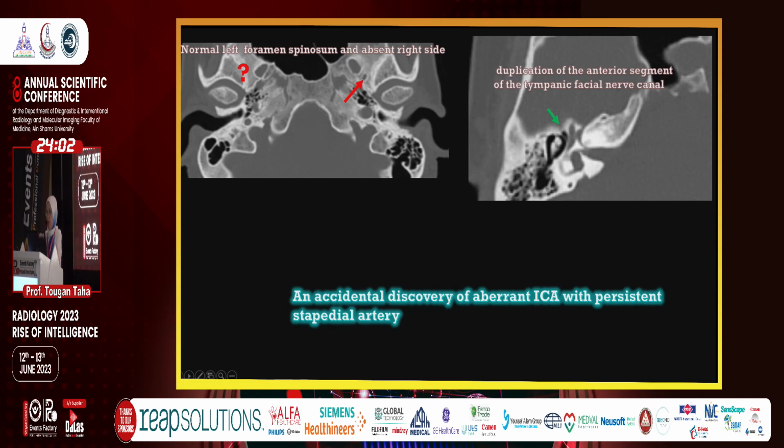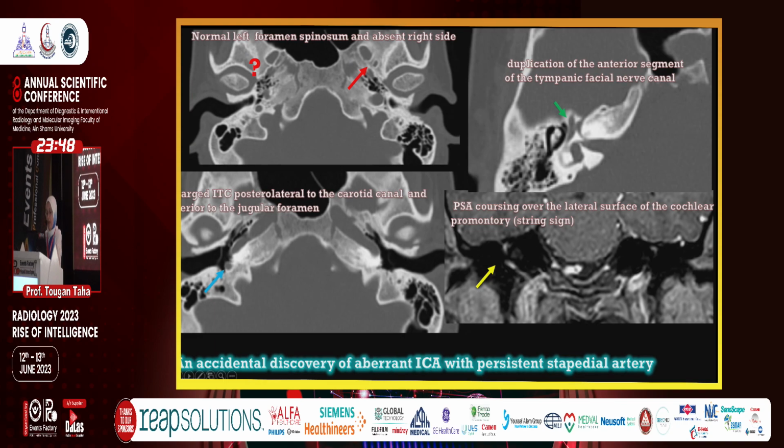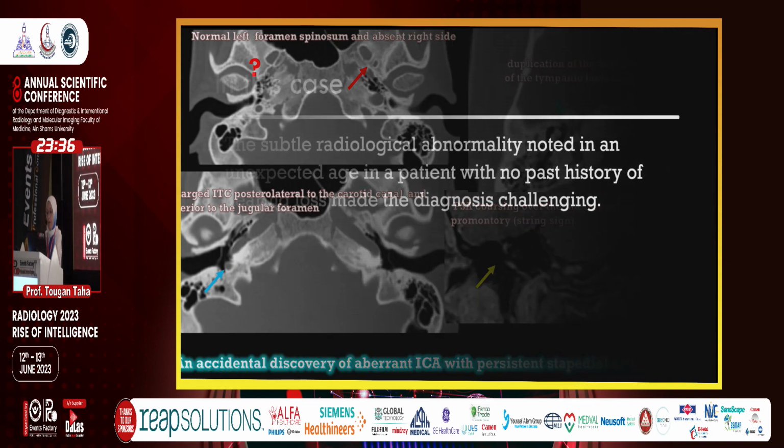The duplication of the anterior segment of the tympanic facial nerve canal housing the persistent stapedial artery, and there is an enlarged inferior tympanic canaliculus transmitting this artery, and here is the string sign which refers to the persistent stapedial artery coursing over the lateral surface of the cochlear promontory.